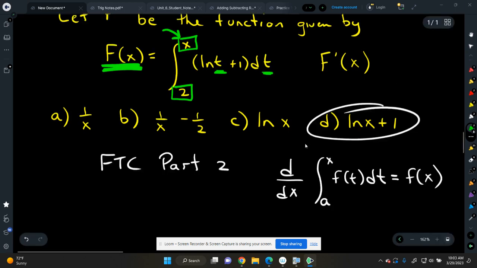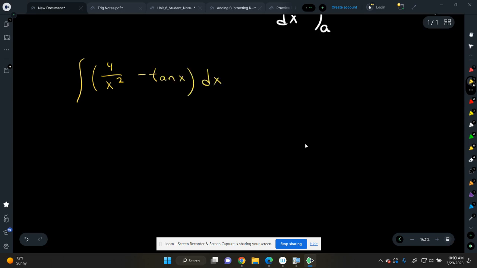Here we go. Take the integral of 4 over x squared minus tangent x dx. Now we're going to start being really picky about your notation and terminology. We have to speak calculus speak on our AP exam.